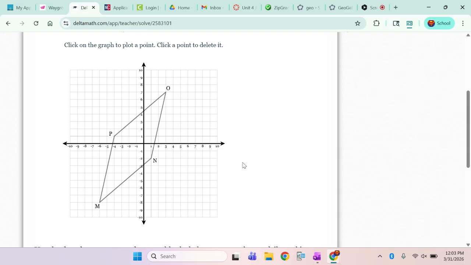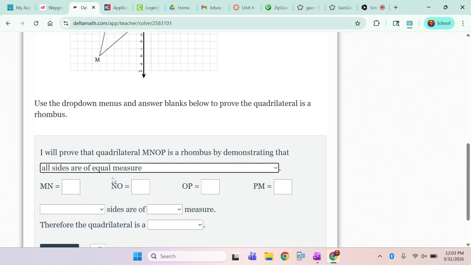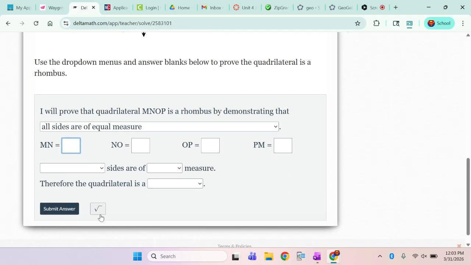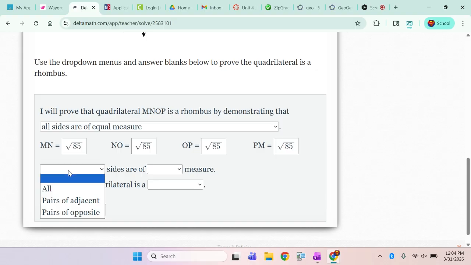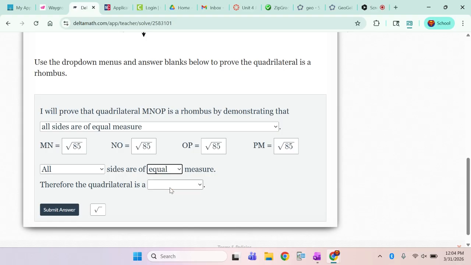So we can state that these are all the square root of 85. That's literally what you're going to type in for all four of these. And then we can say that all sides are of equal measure.